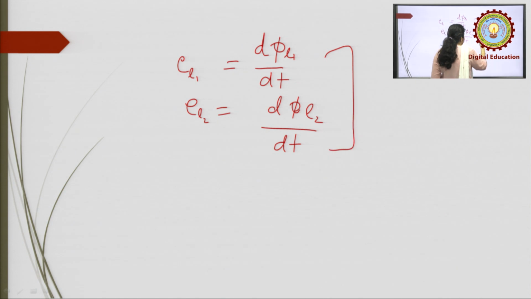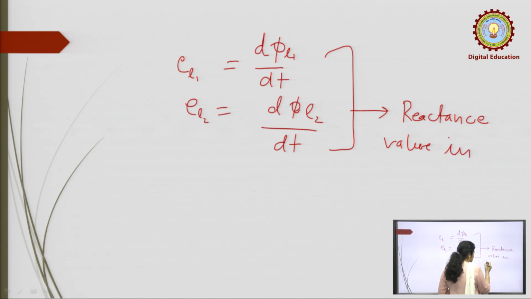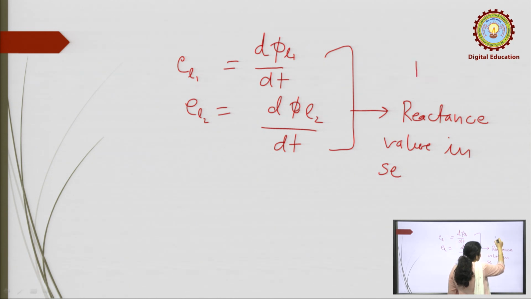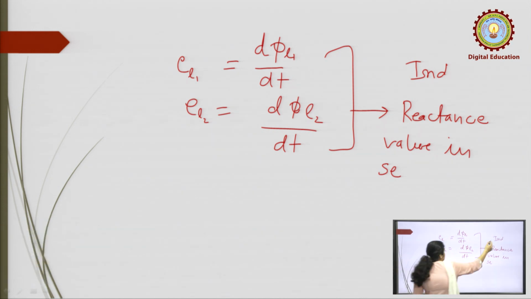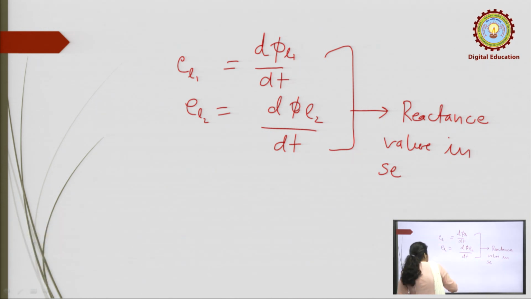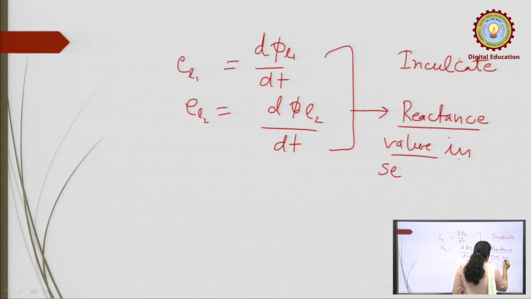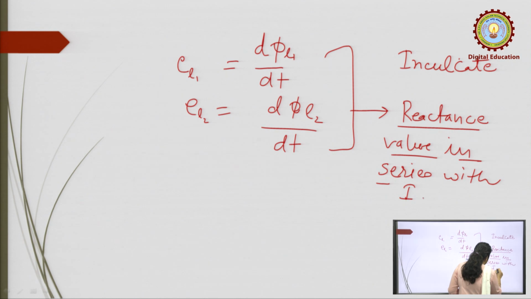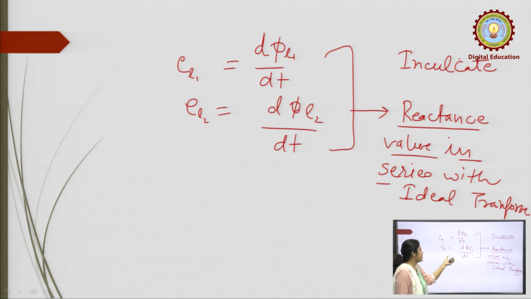So, due to this voltage drop, we introduce a reactance value in series with the ideal transformer, and that will create a voltage drop.